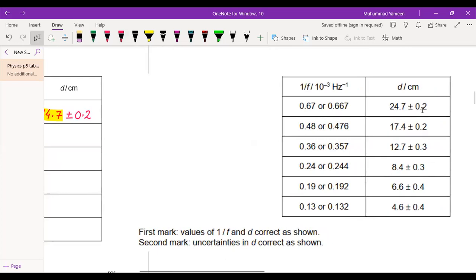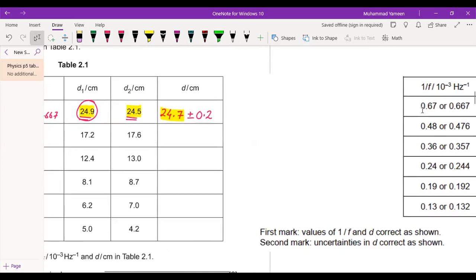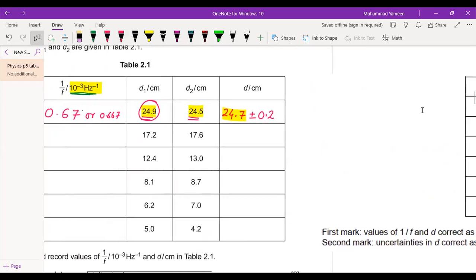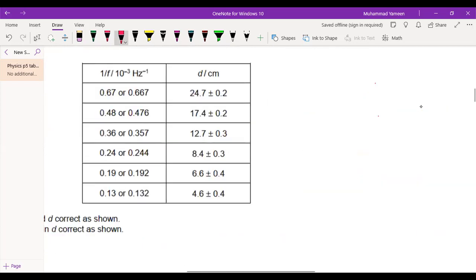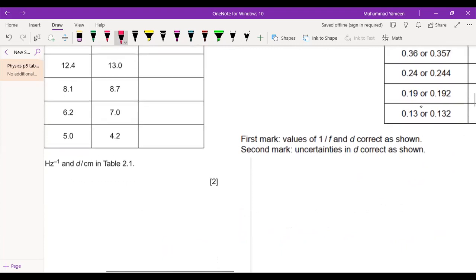You can check it. And the value of 1 over f is 0.67 or 0.667. So an equal number of significant figures or one more is always allowed. Okay. So this has 2 marks.